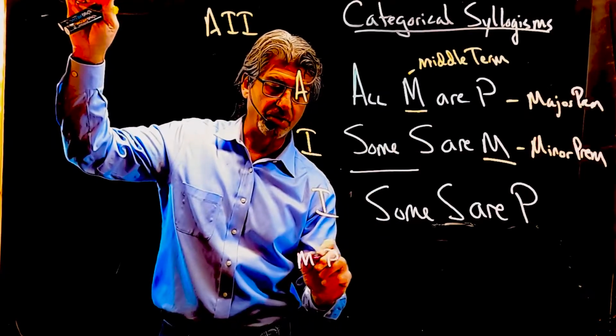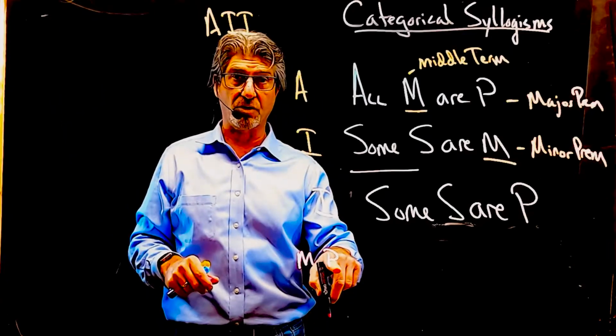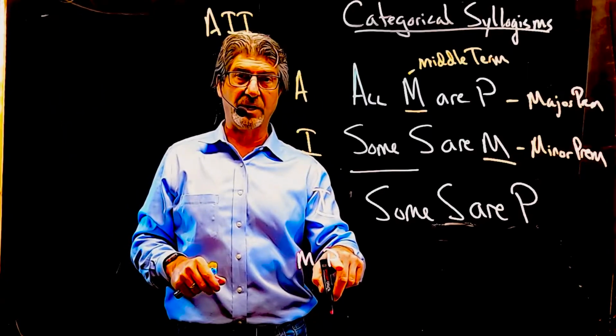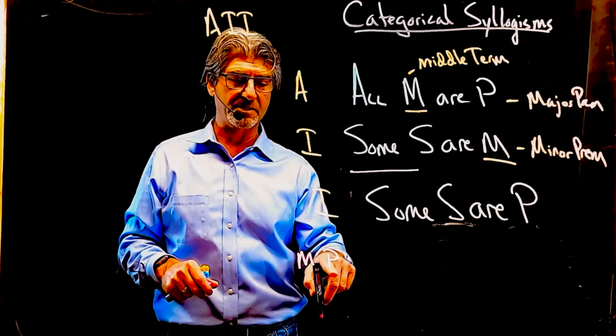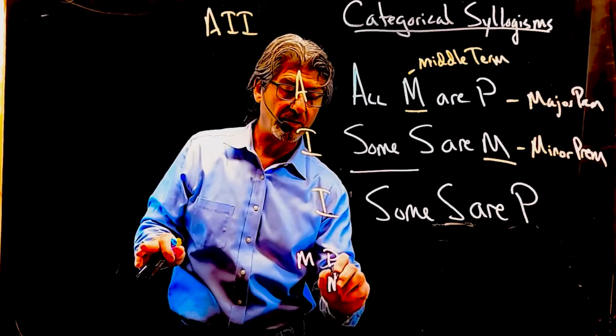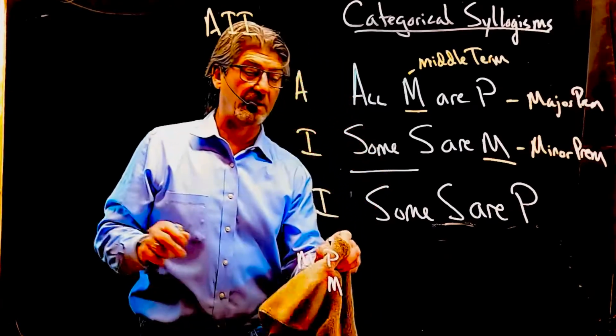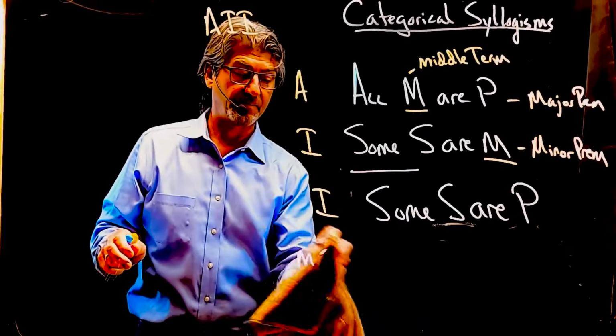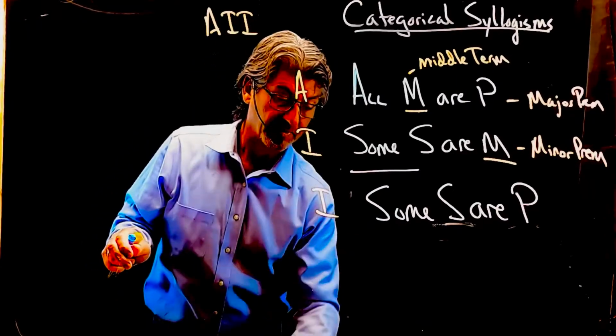That would put the major term over in the predicate position of the major premise. And then appear in the subject, or the predicate. I'm going to erase this and do this again.